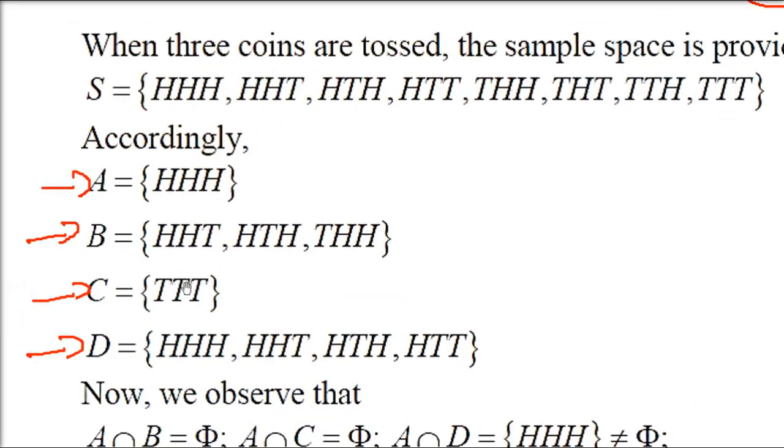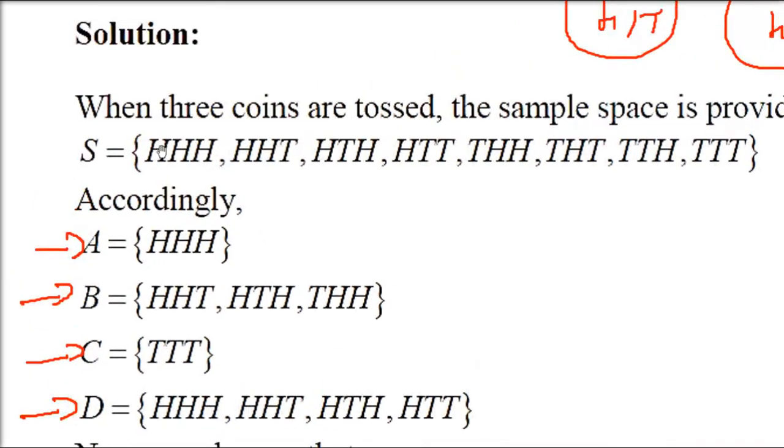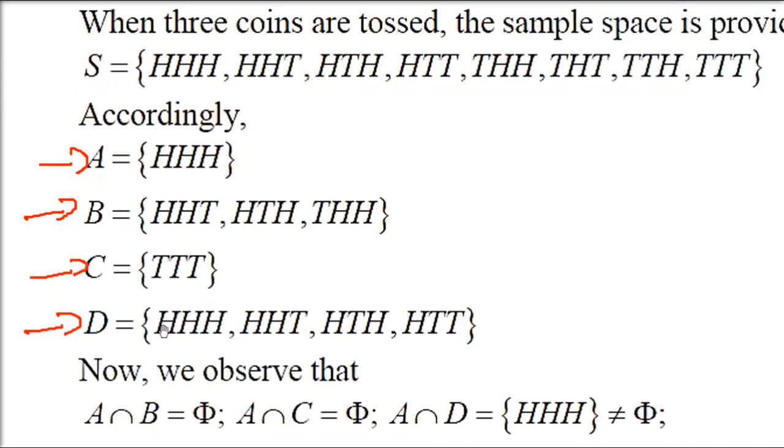D is getting a head on the first coin. So H should come only first. So this one is there, this one, this one, and 4 of them. Every time head is coming first. The later part we don't worry about. Only the first we have to see, it has to come head.